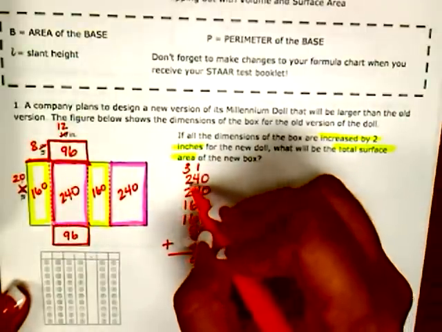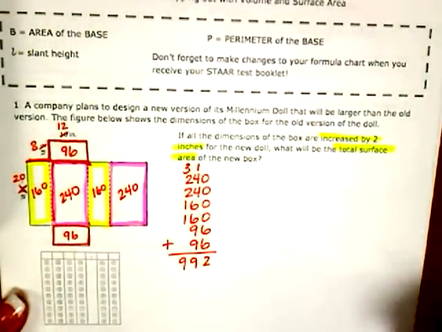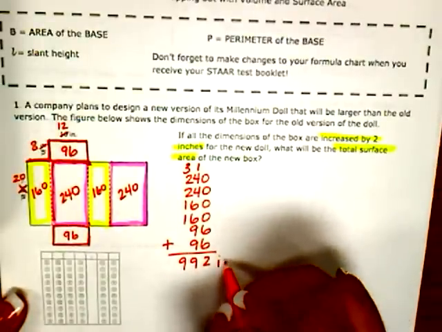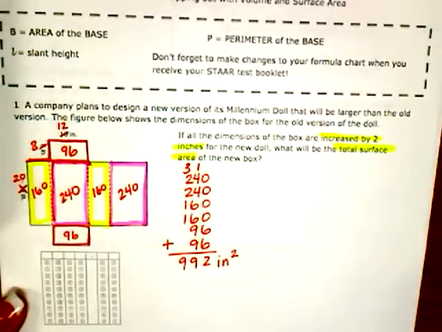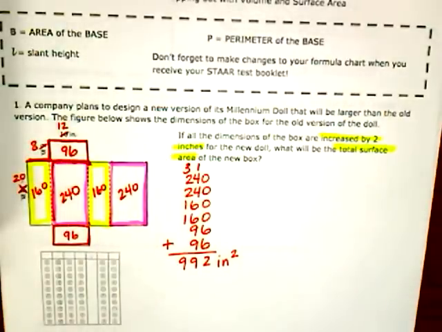And now I have 5, 6, 7, 8, 9. So altogether, I have 992 inches squared, because we are talking about surface area, so this is a square unit.